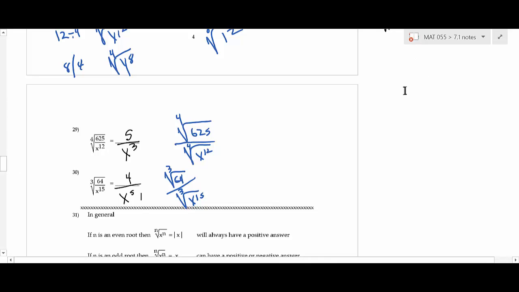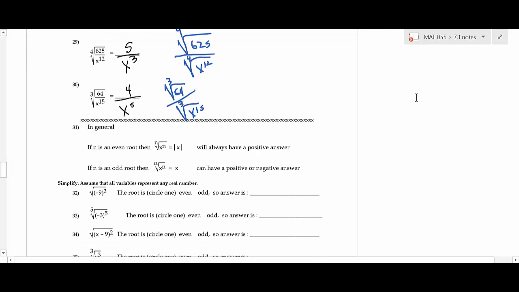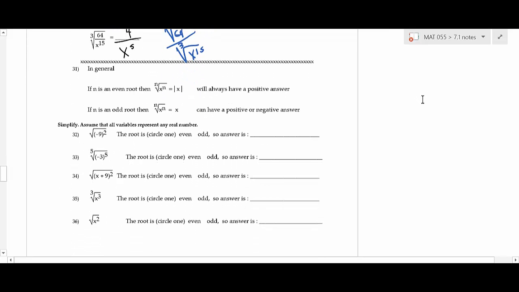Okay, the next thing is something that's a little harder, I think, to understand. I don't emphasize this a lot. You'll see some of this on your homework. But the idea of what we're looking at is problems like this, where you have something where the roots match.